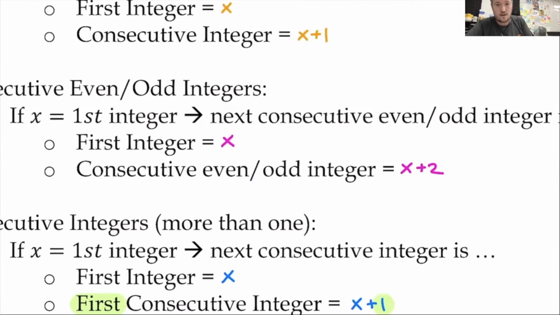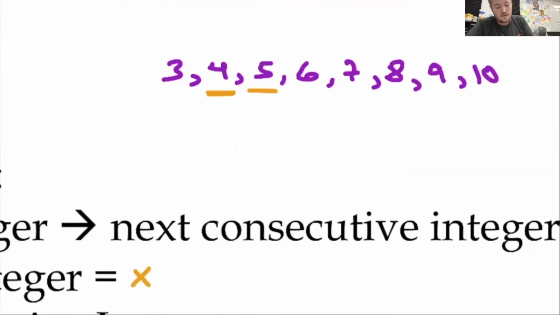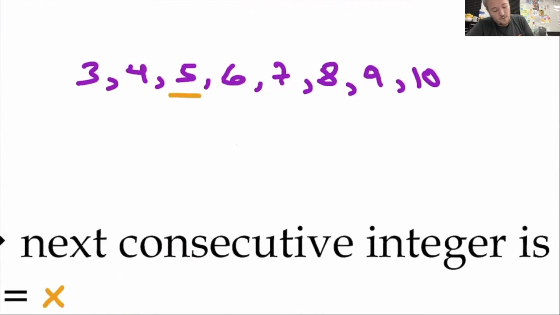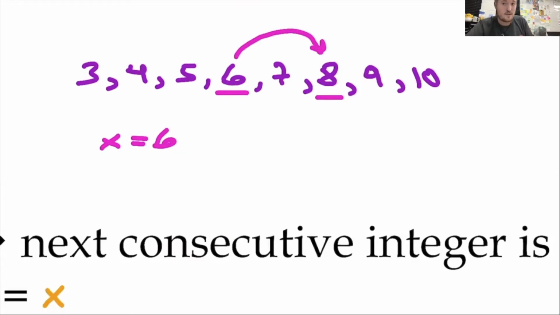Going back up here, let's say I want to start with 6. Now I want a consecutive even value. If I'm starting with 6, the consecutive even value is 8. But to get from 6 to 8, you have to add 2. So that's where the x and x plus 2 come from.